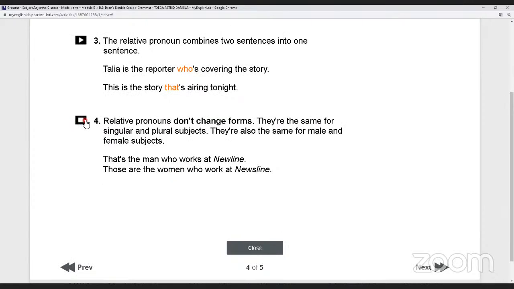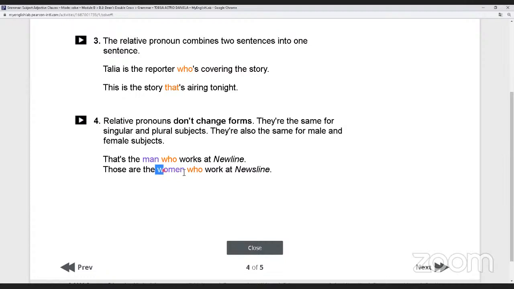Relative pronouns don't change forms. They're the same for singular and plural subjects. They're also the same for male and female subjects. That's the man who works at Newsline. Those are the women who work at Newsline. Okay, this is a characteristic of the relative pronoun.